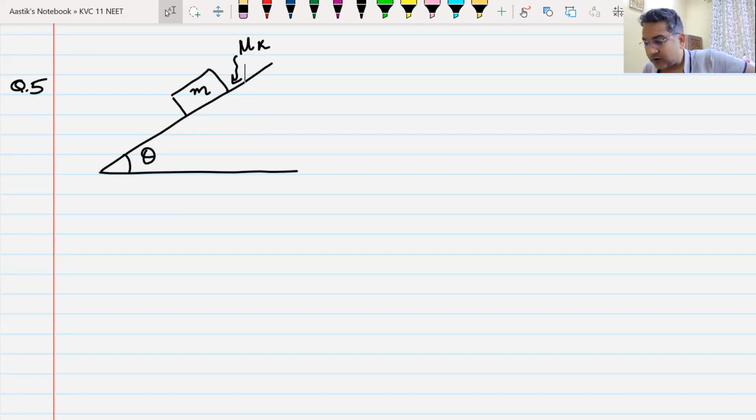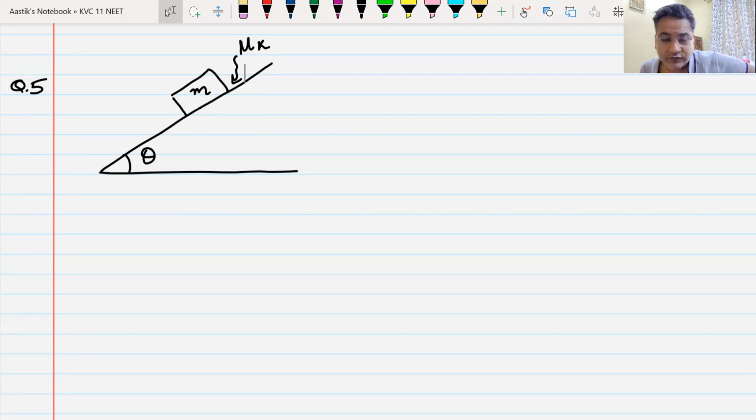So you have a block of mass m kept on an inclined plane at an angle theta. The coefficient of friction between the block and the inclined plane is mu or mu k. You have to find out the acceleration of this block.